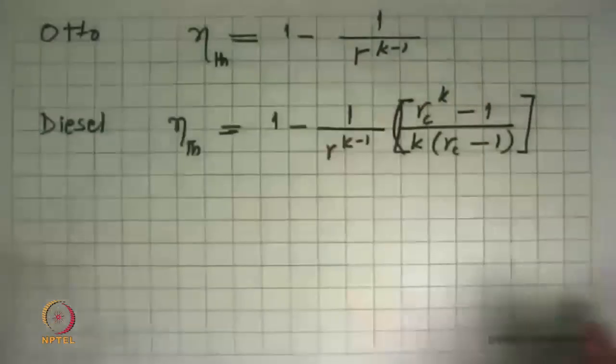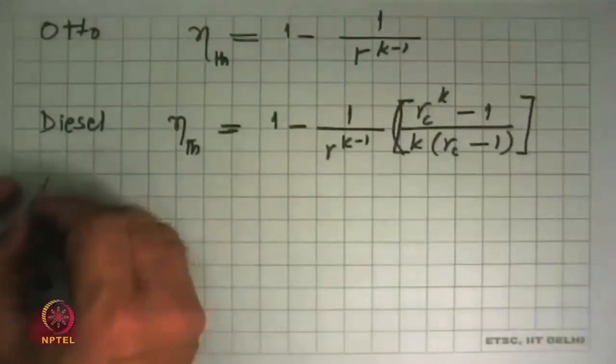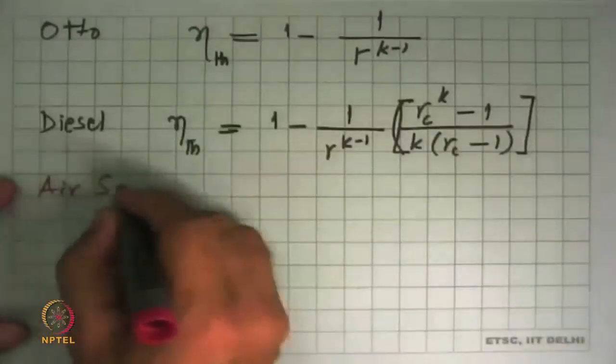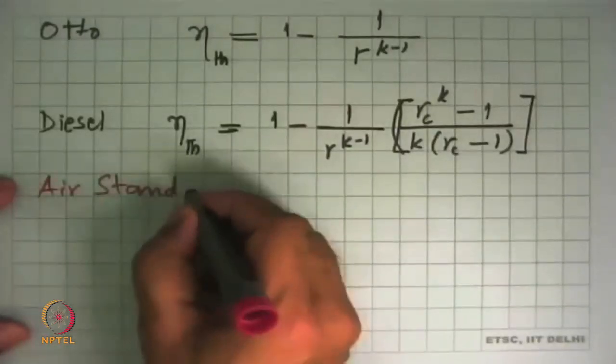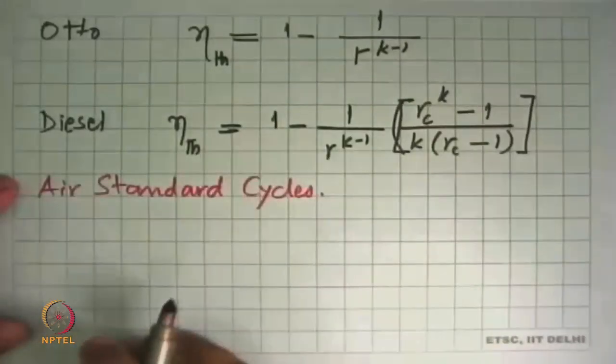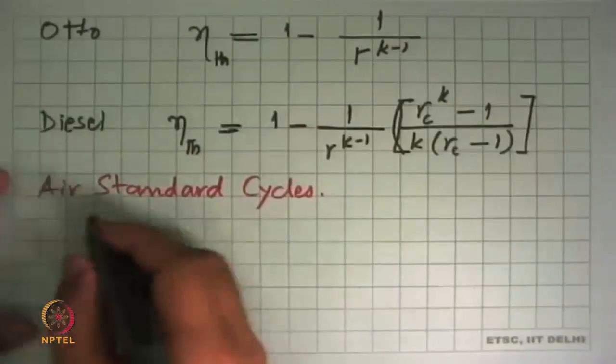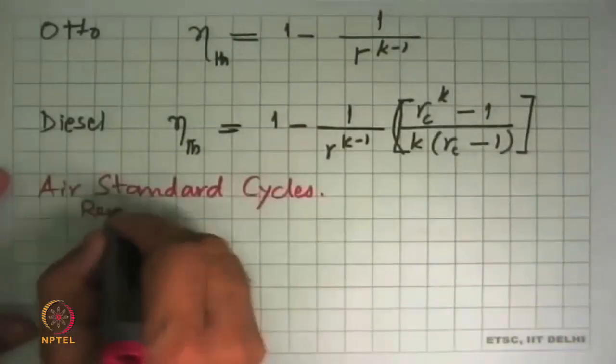And now let's be clear. What is it that we are talking about here? We are looking at what I started discussing yesterday as air standard cycles. Firstly, they are all reversible.